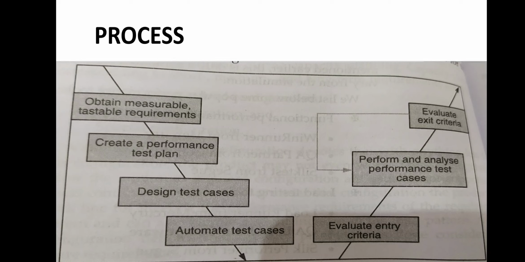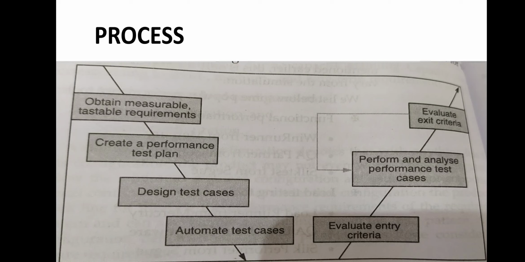After that, we will be having some results, and we have to set or evaluate an entry criteria for our performance testing. That means after the results are there, we will pick up the things that are related to our performance, because there may be some points that we are not including in our performance testing.